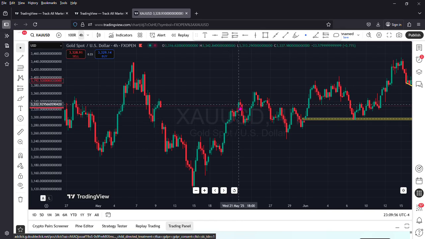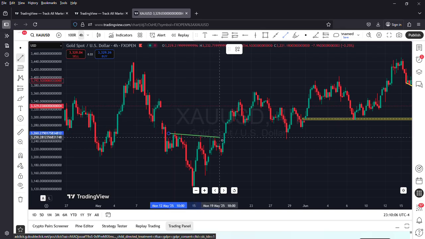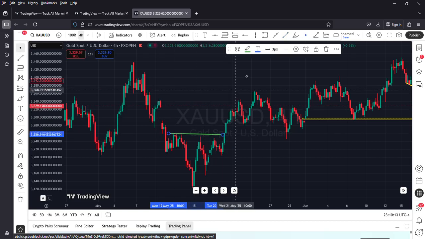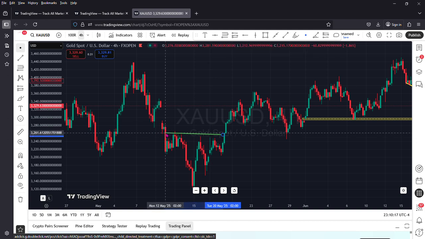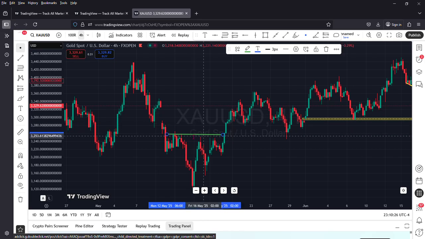higher high. Now it came here and broke out and broke the structure. So here, break of structure. Change of character in this lower time frame. It came here and changed the character. The market came here and started ranging.